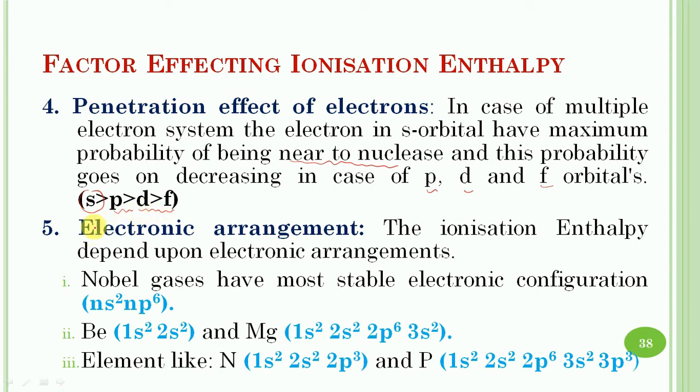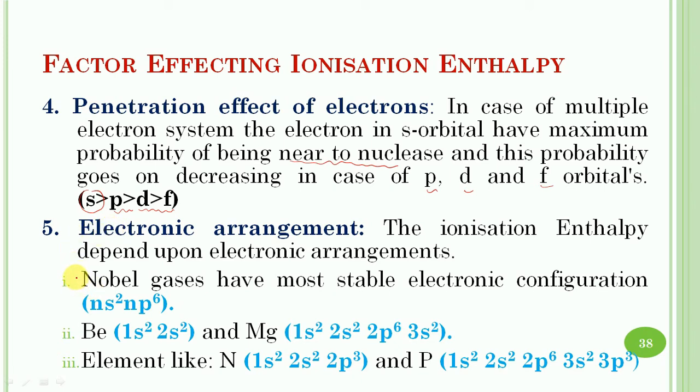Then electronic arrangement. The ionization enthalpy also depends upon the electronic configuration of the atoms. If the electronic configuration is half filled or completely filled, then it has extra stability, and the removal of electrons from these orbitals becomes very difficult, and ultimately the ionization enthalpy will increase.